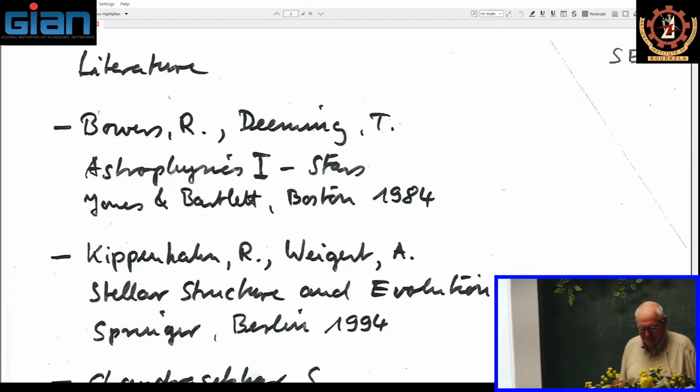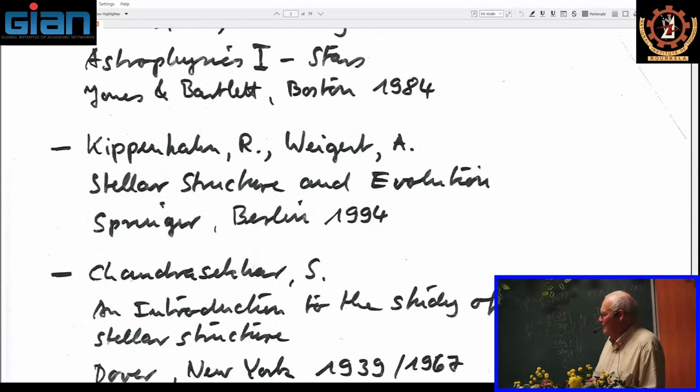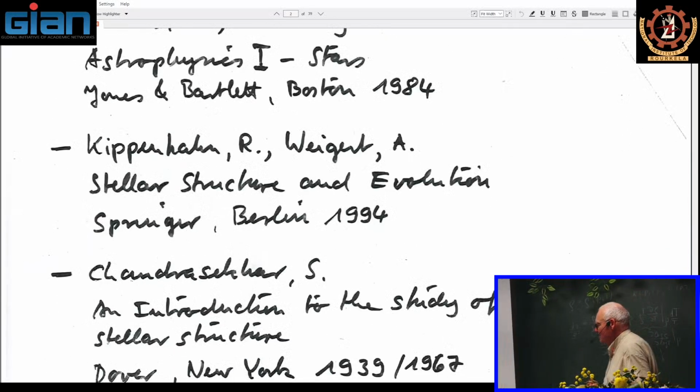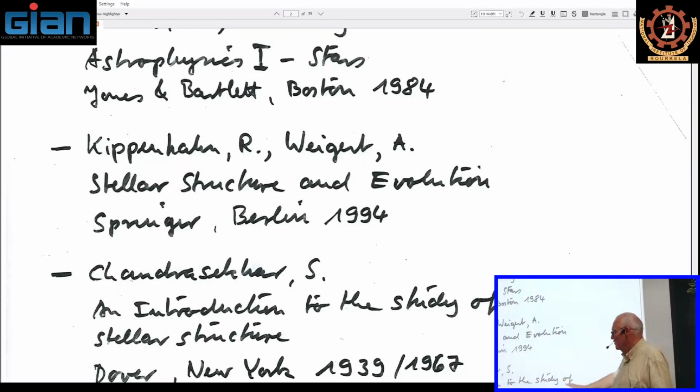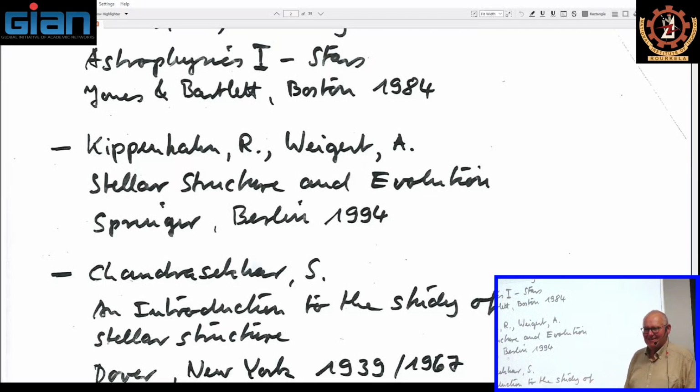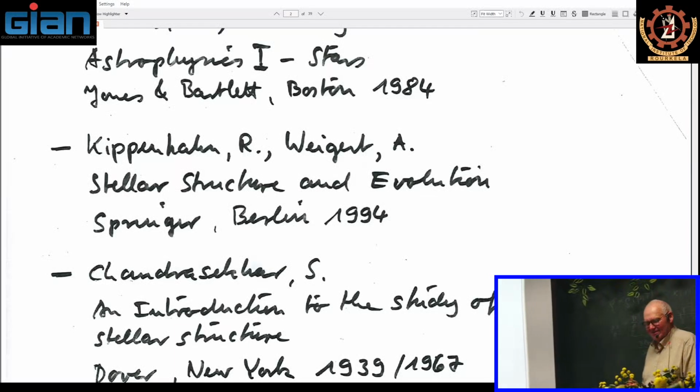Actually, it's a quite reasonable book. Just if you want to have further reading, and then of course there is a pretty old but still physically very good book by an Indian, Chandrasekhar, which is an introduction to the study of stellar structure.